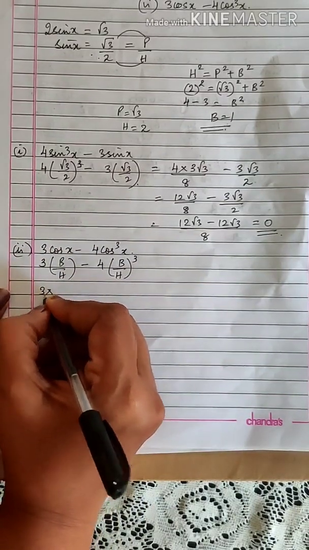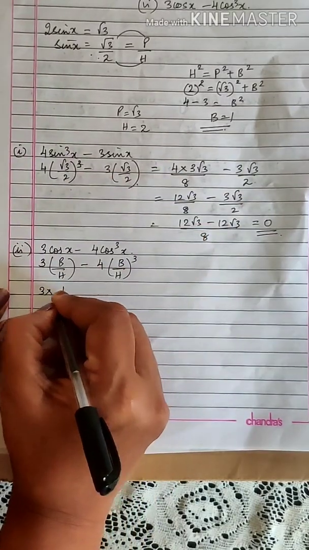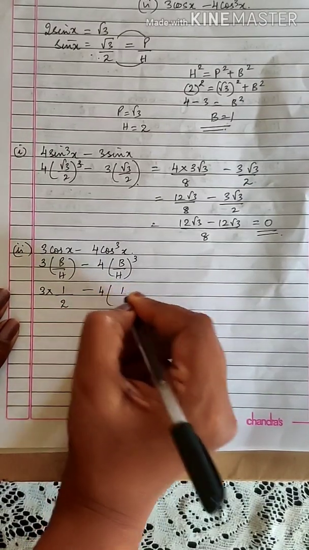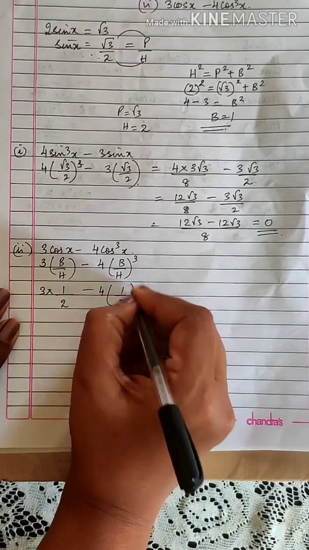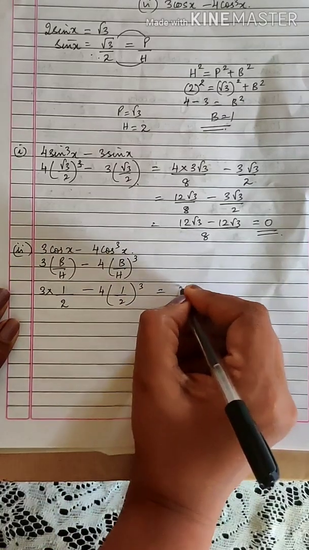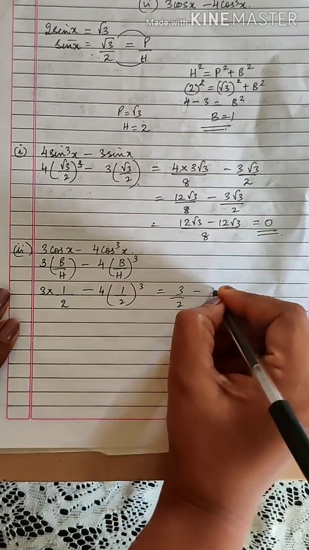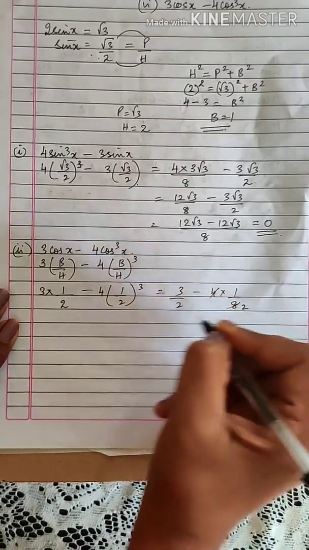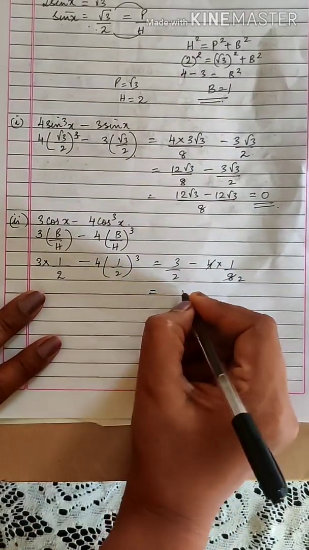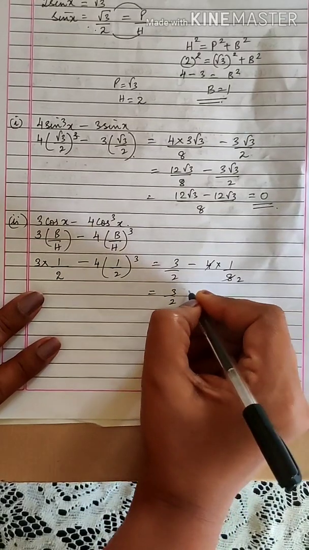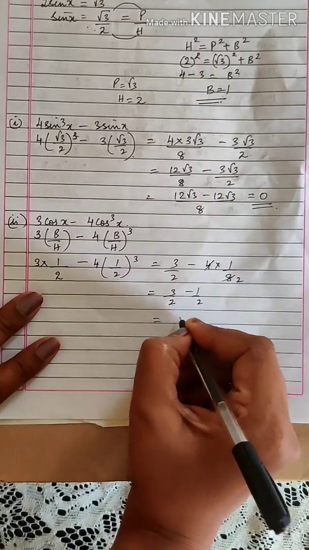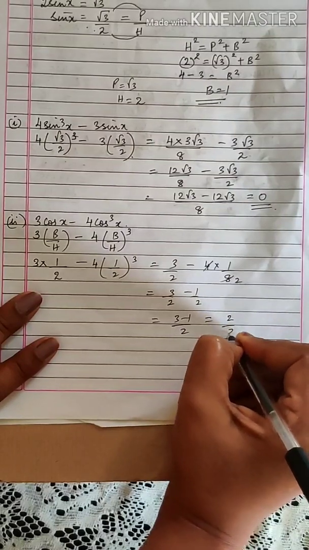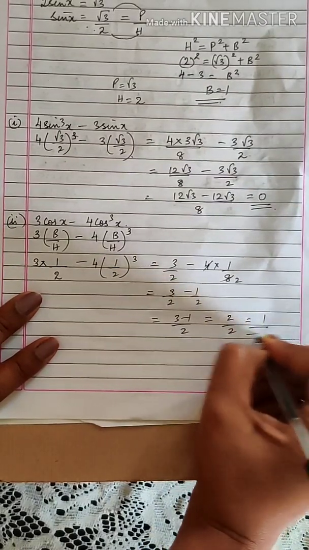So 3 into base is 1 and hypotenuse is 2, minus 4 of 1 upon 2 the whole cube. So this will become 3 by 2 minus 4 into 1 upon 8, which gets reduced. So you get 3 by 2 minus 1 by 2, which is 3 minus 1 by 2, and 2 upon 2, which is equal to 1.